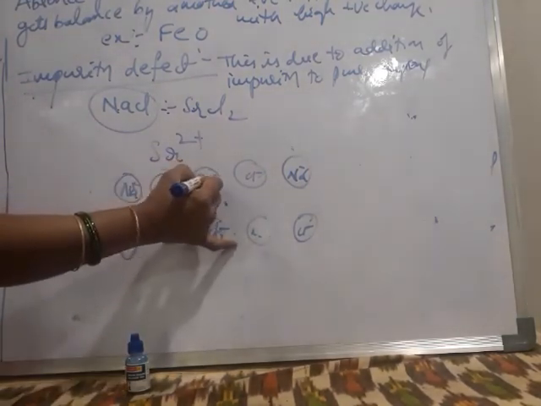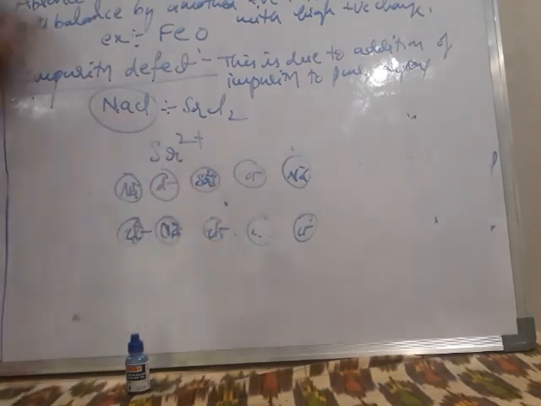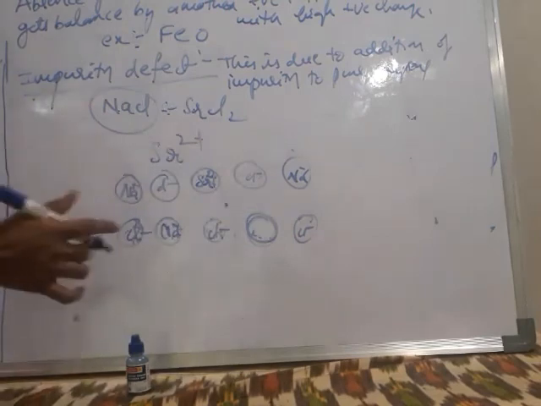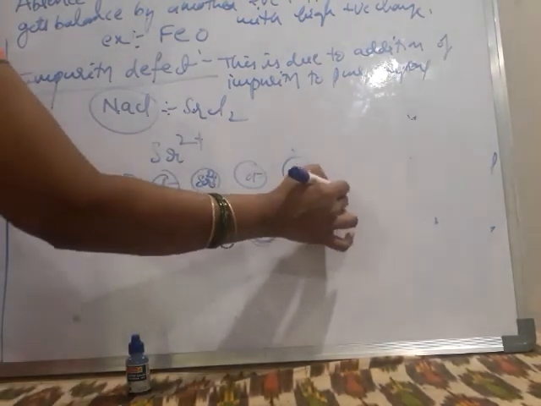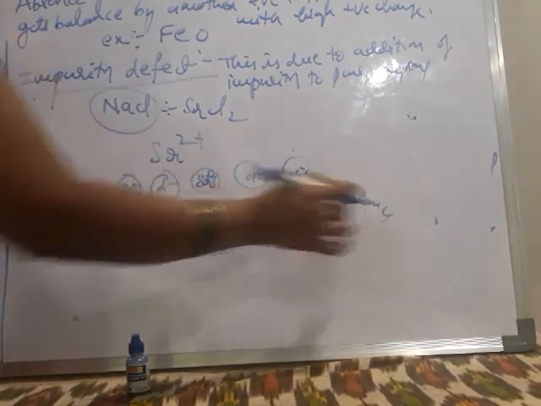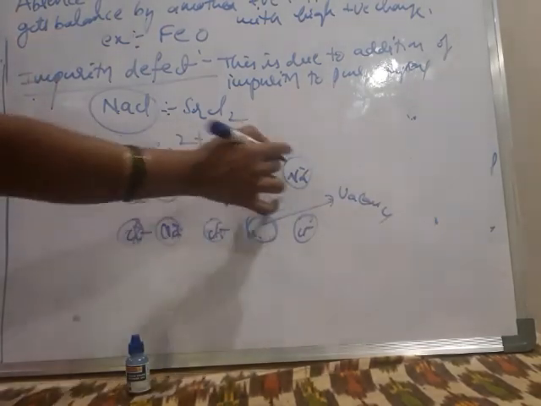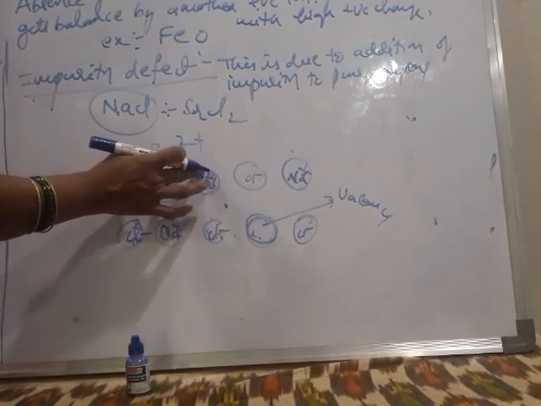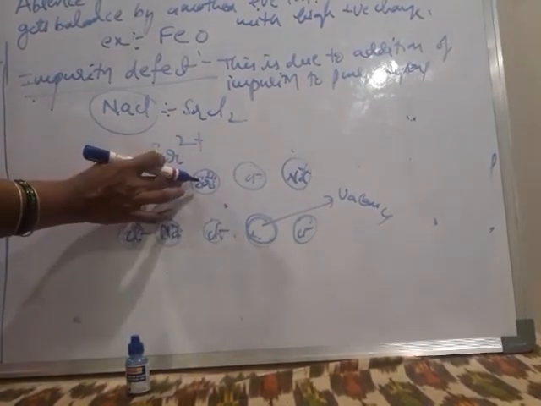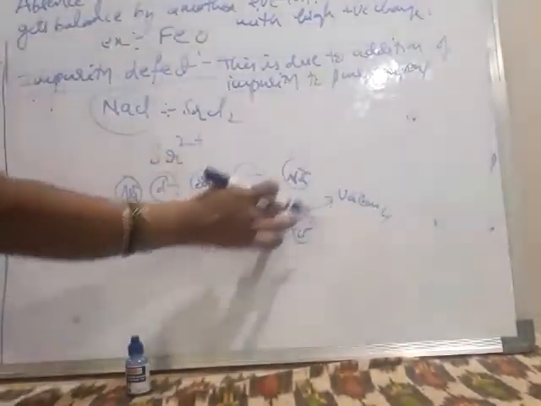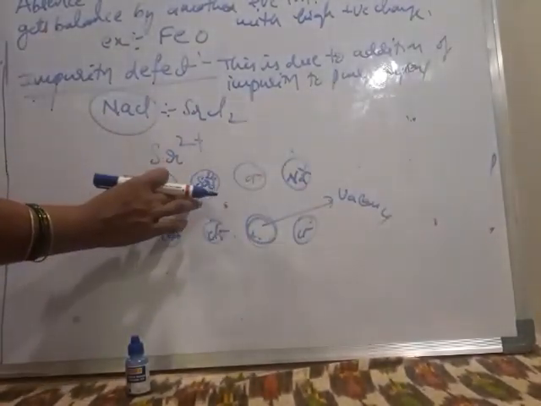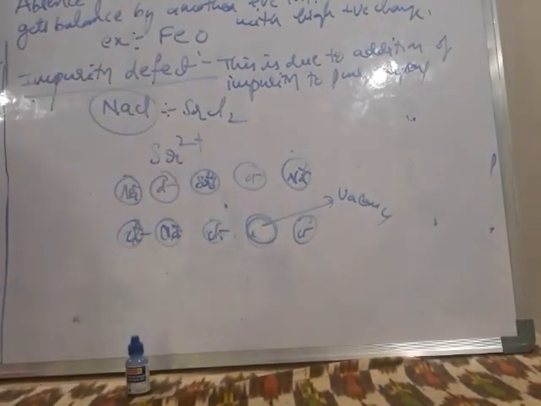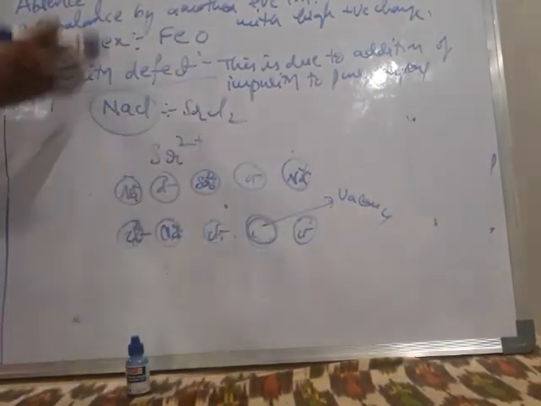But one hole is occupied by the strontium ion, and the other remains an empty hole. So this is a cation vacancy. The hole due to the replacement of Na+ gets occupied by the strontium 2+ ion. Here the charge is 2+. That's why it replaces 2 sodium ions but occupies only one, and the other is an empty hole. So this is impurity defect.